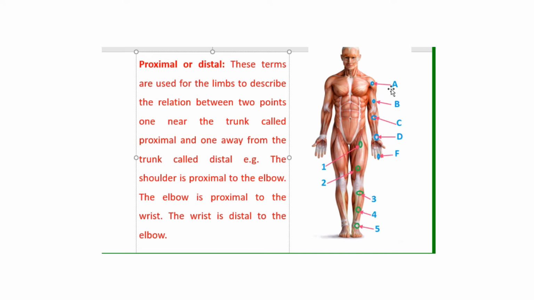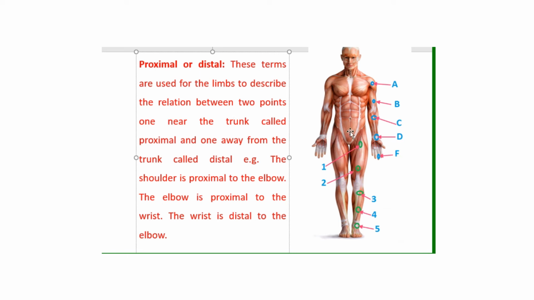So A is proximal to B, A is proximal to C, however C is distal to B, distal to E, but proximal to D and proximal to F.